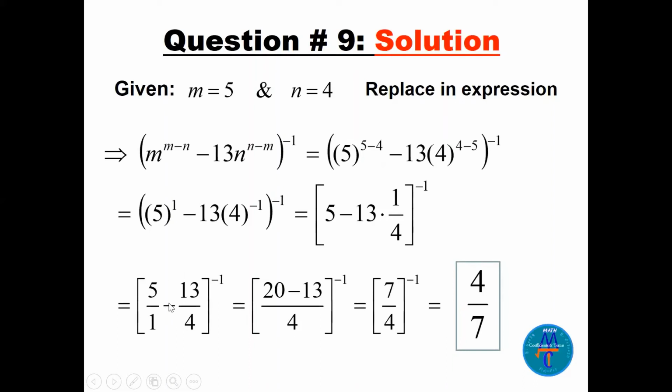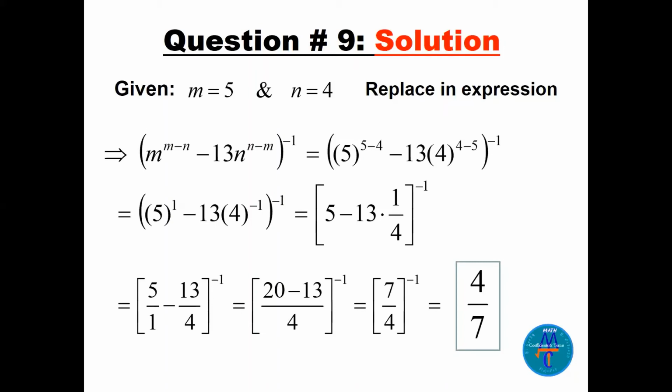5/1 minus 13/4. We need LCD. If you need help in the LCD, you can go to the algebra course. There are algebra course lectures in the playlist. Search for adding fractions with LCD.